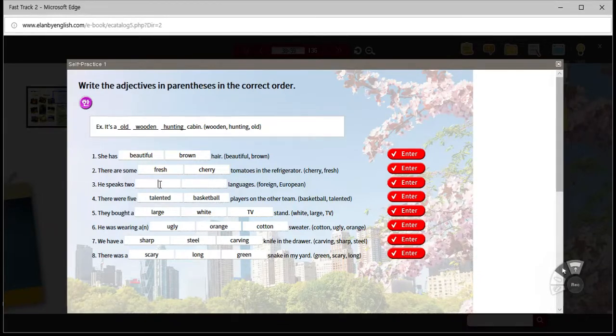I'll probably just switch these around. All right, so foreign languages would be, I think, maybe a lexical phrase. And then what kind of foreign languages? European languages. So looking at page 37, you would see foreign would be much more of a qualifier.